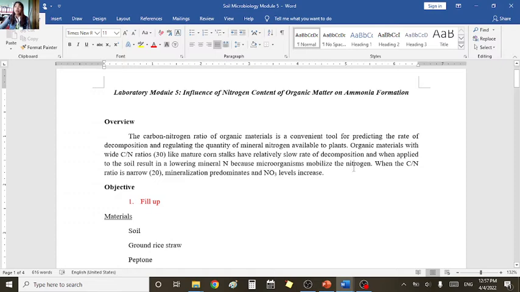So if the CN ratio of an organic material is high, there will be immobilization. Now, when the CN ratio is narrow, mineralization will predominate and the nitrate level will increase. So it is based on the CN ratio of the organic matter.